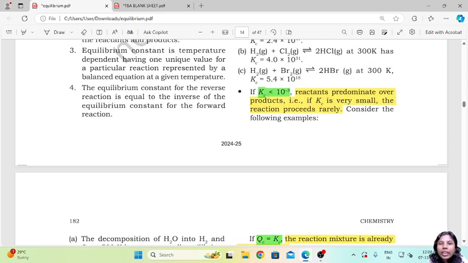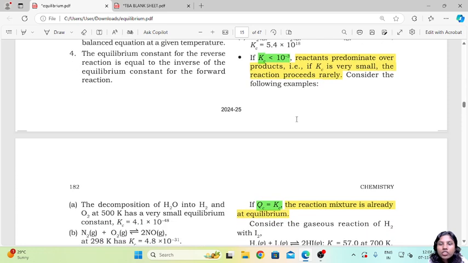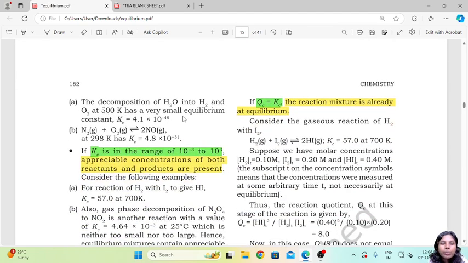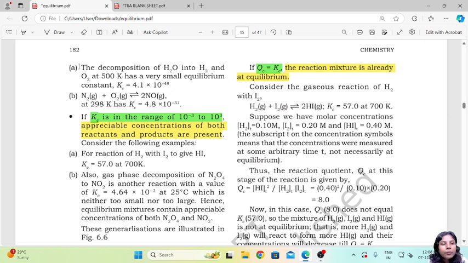Now if Kc is very small, then the reactants are the ones dominating over the products. In such cases, we can say that the reaction rarely proceeds, as in there is rarely any formation of products. First example, the decomposition of H2O into H2 and O2 at 500 Kelvin has a very small equilibrium constant, of 10 raised to minus 48.